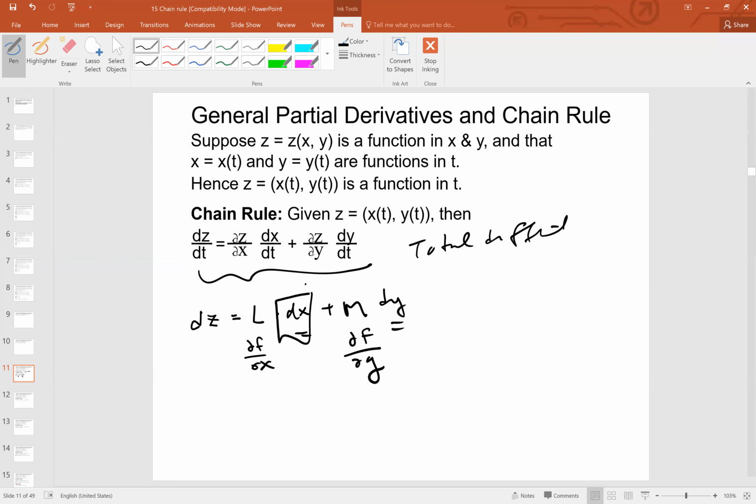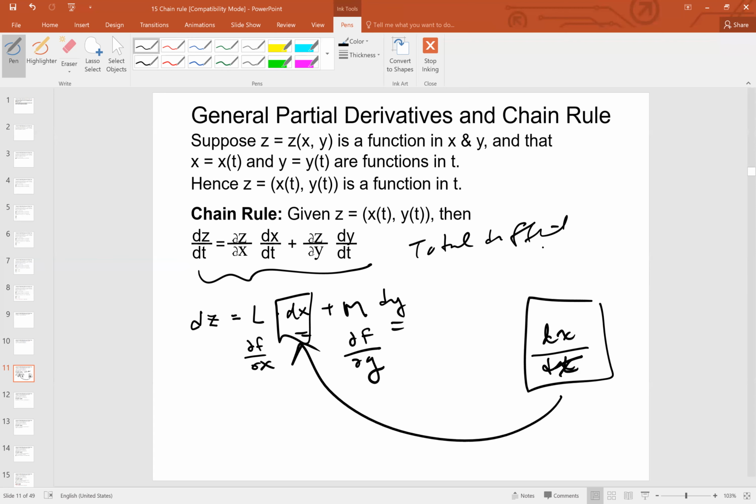But if the differentials themselves are functions of t, then dx dt and dy dt go in place of those, as in change in terms of t. So then I have these replacements.